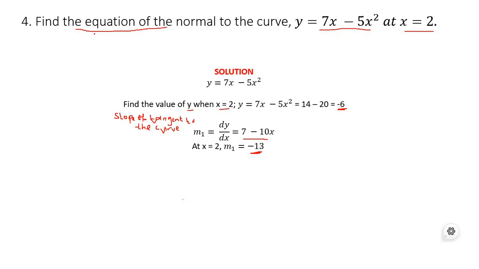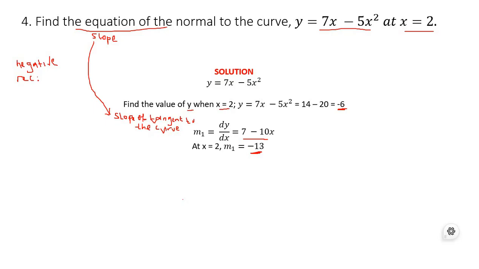The slope of this is the negative reciprocal of the slope of the tangent.